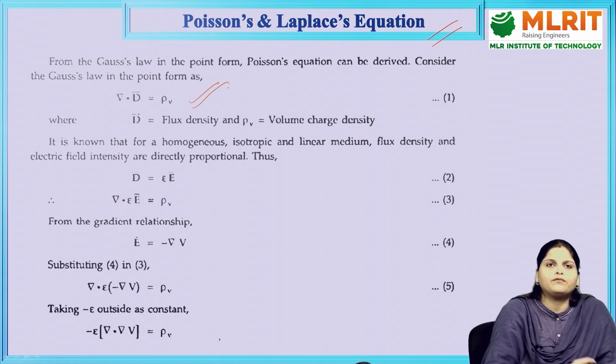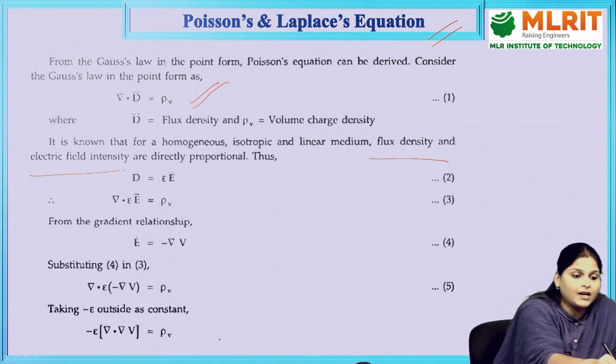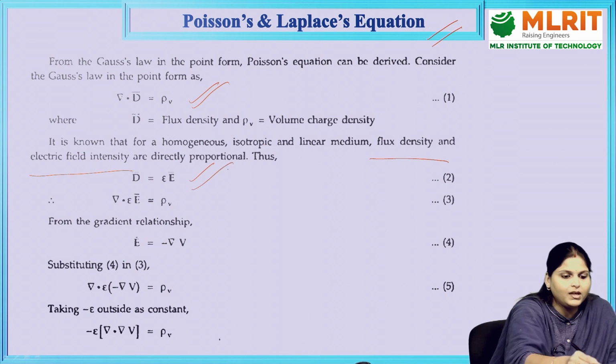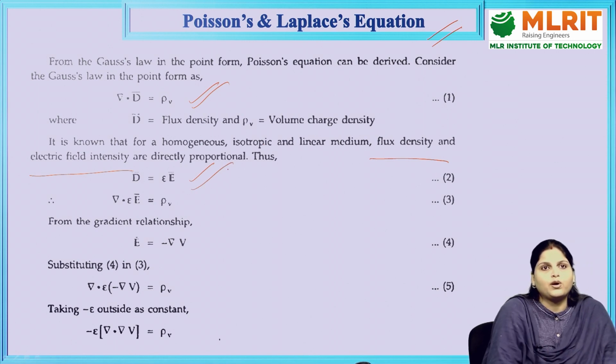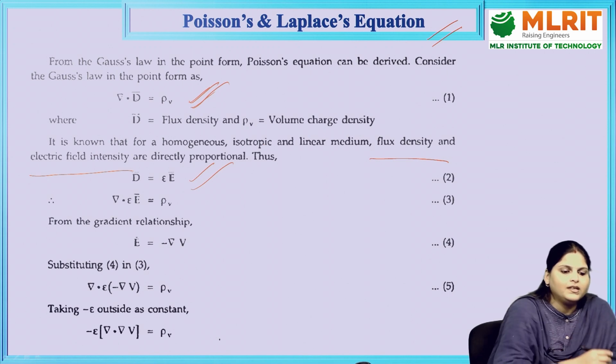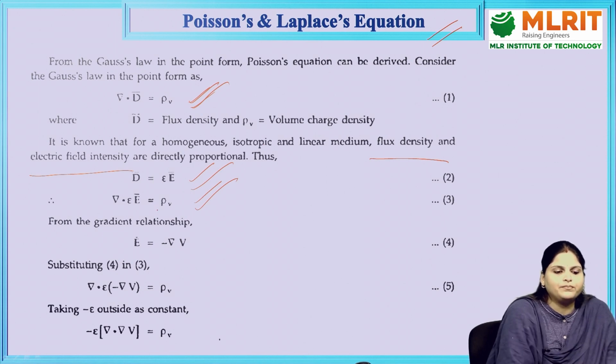Also, we know that for a homogeneous, isotropic and linear medium, the flux density and field intensity are directly proportional, so D is equal to epsilon E. Now in this formula we can put epsilon E in place of D, so it becomes del dot epsilon E is equal to rho V.